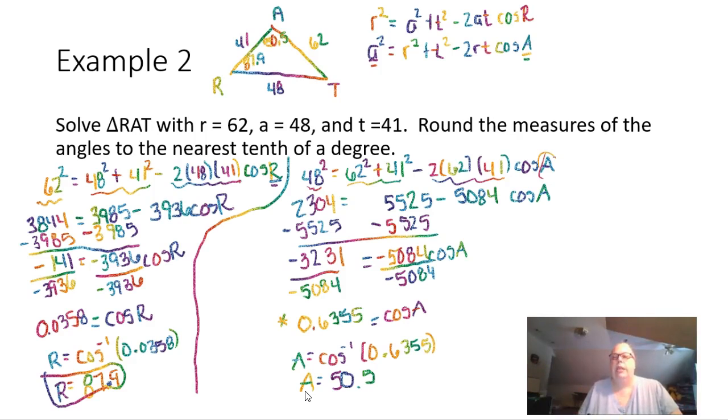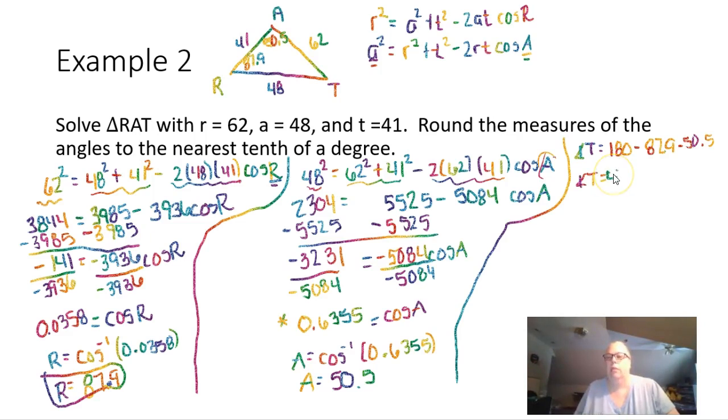Okay, angle T, we're just going to use what we know about triangles, the fact that they add up to 180, and that's going to give us our angle T. All right, so angle T is going to be equal to 180 minus angle R, which was 87.9, minus angle A, which was 50.5, and that gives us 41.6.